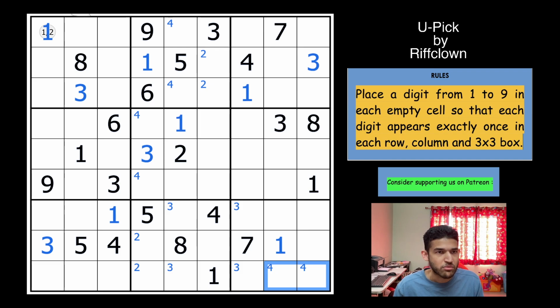Okay, and 4 in box 1 goes into these two cells. Right, let's get to 5s now. 5 in rows 7 and 8, so we get 5s in these 3 cells. Not enough to deserve a marking.